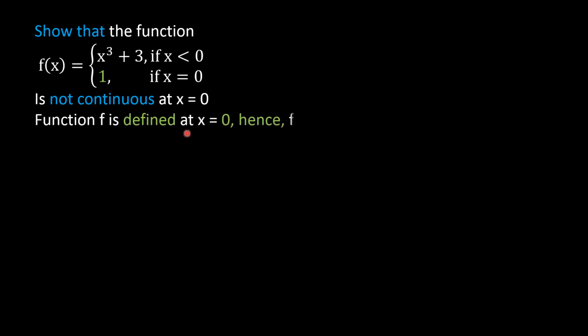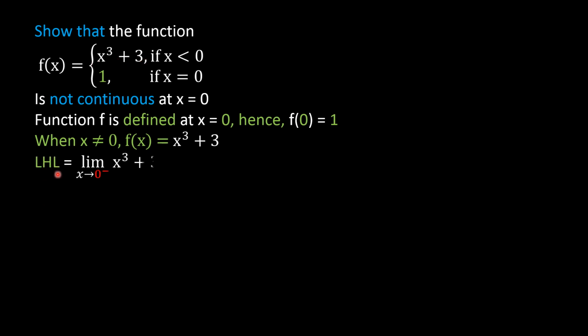Function f is defined at x equals 0 because it is a polynomial function, and polynomial function is defined on the set of real numbers. Hence, f(0) will be 1. That is, the value of the function at x equals 0 is 1. When x not equals 0, f(x) equals x cubed plus 3. See here, x cubed plus 3.